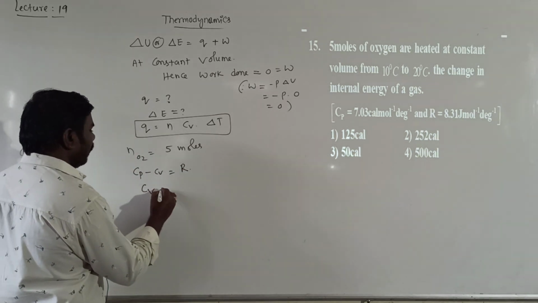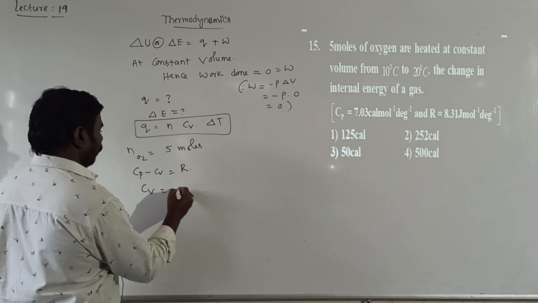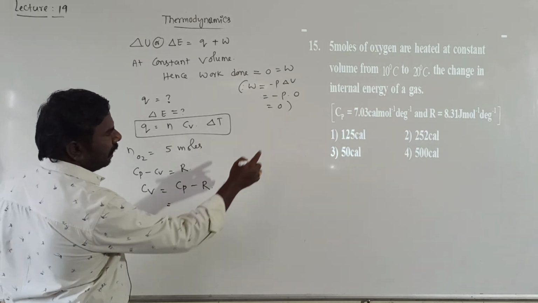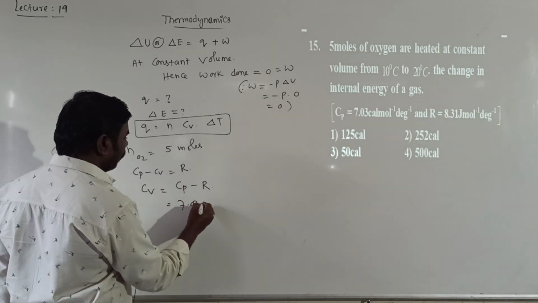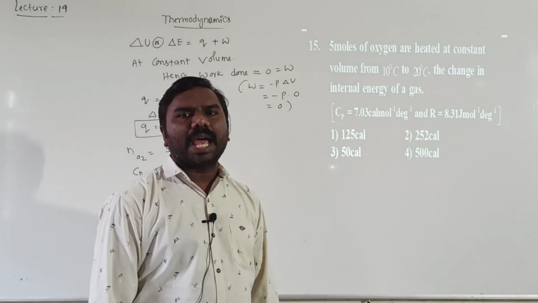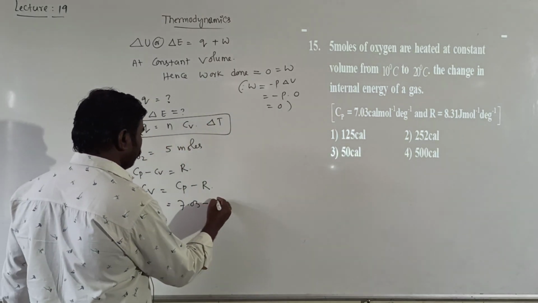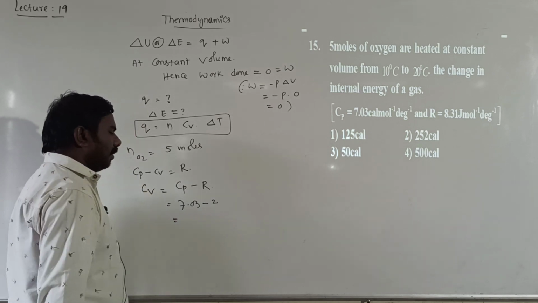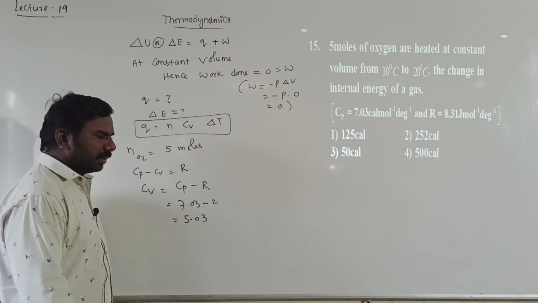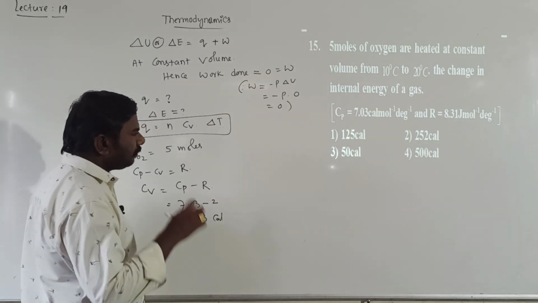We need Cv, so shifting, Cp minus R, where Cp given is 7.03 minus R value, which is actually 2 calories. Then it becomes 5.03. Getting, students? Calories it is.